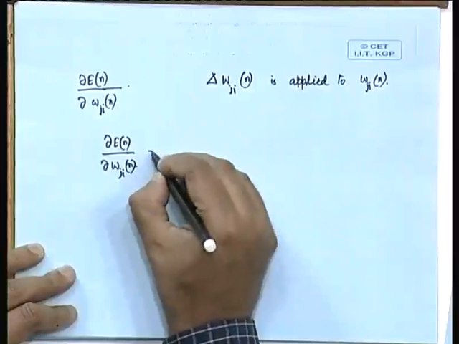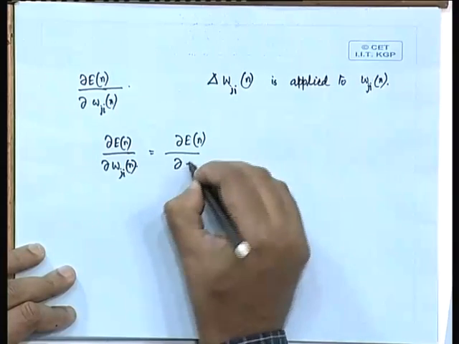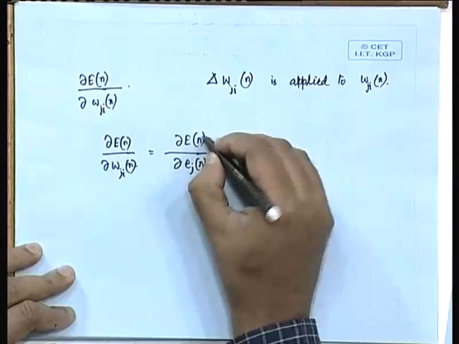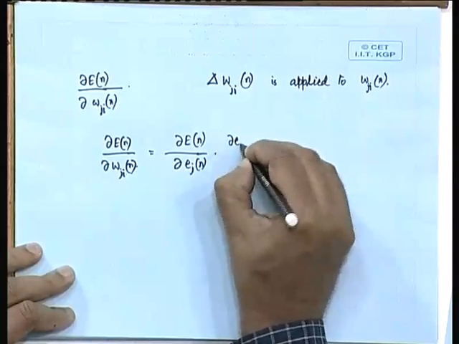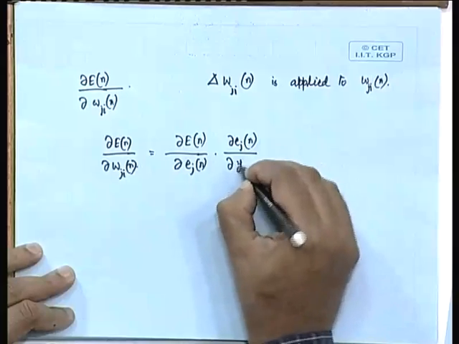So, we have to write ultimately this thing as ∂E(n)/∂Ej, that is what we agreed for the first term in the chain rule. The second product term in the chain rule should be ∂Ej(n) with respect to ∂Yj(n).